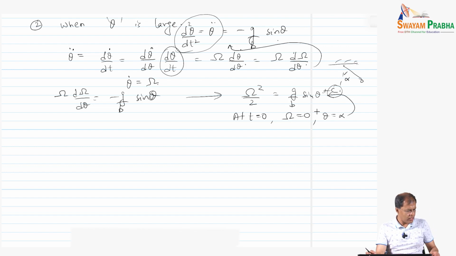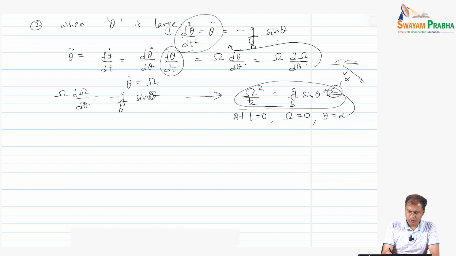And from here we can quickly also find what is my period. Omega square is going to be 2g by b times cos theta minus cos alpha, after integration, and we also have the square root.